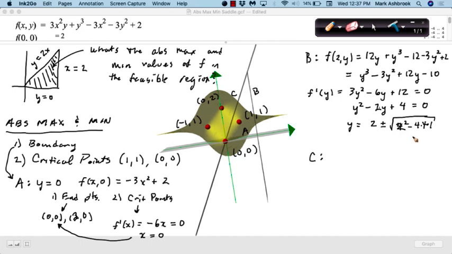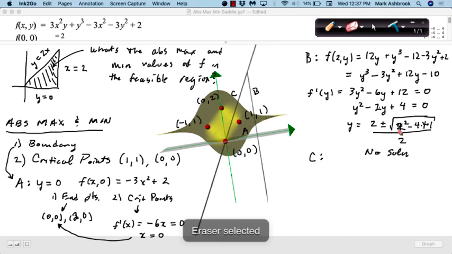No, it's still no solution. Does it mean there's no critical points there? Between the endpoints, there's no critical points, right?